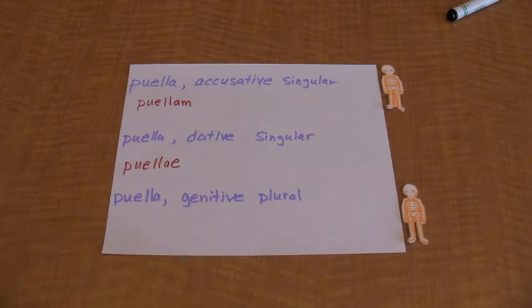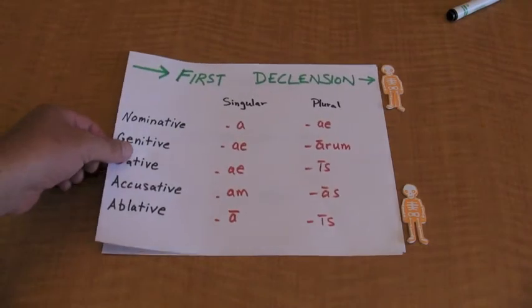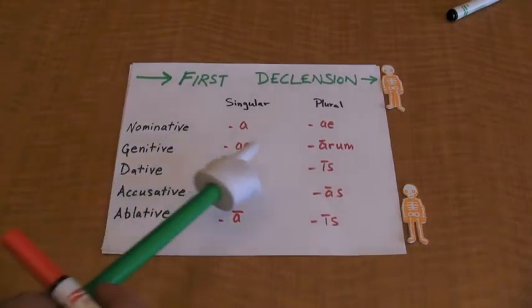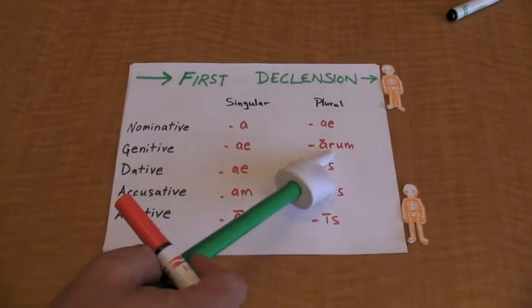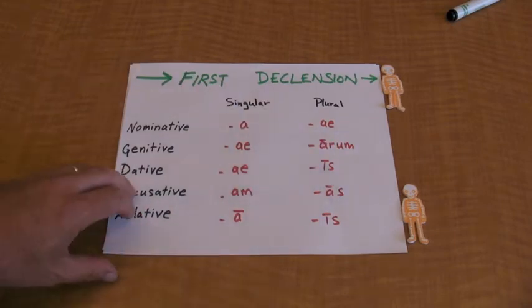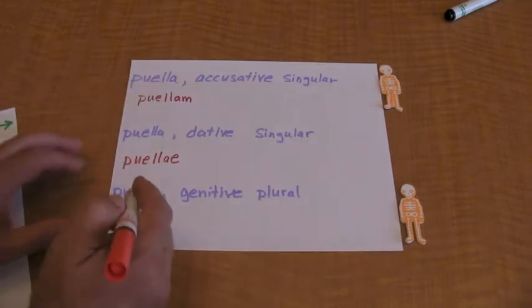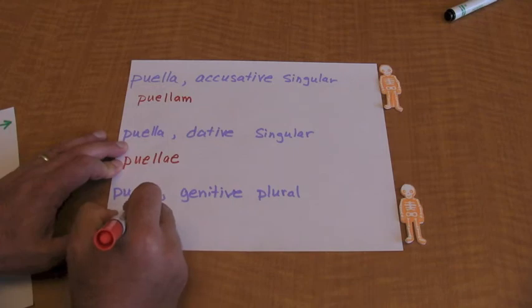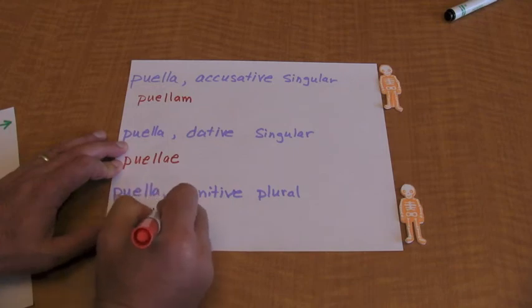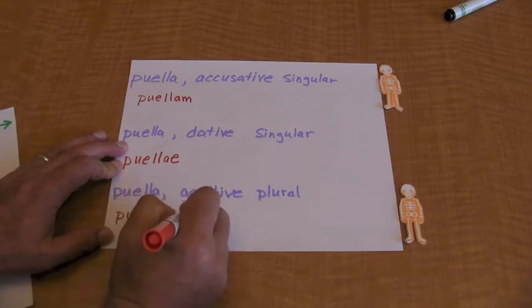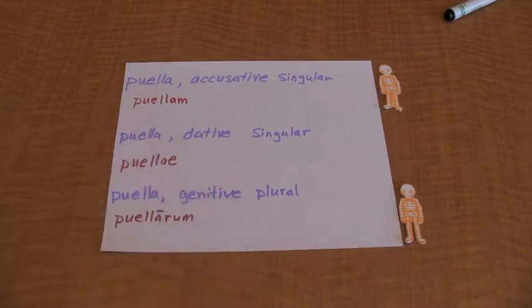And once more, puella in the genitive plural, we'll start with our base P-U-E-L-L, and we'll add the ending that's genitive plural, and that's over here on the chart, A-R-U-M. And so the genitive plural of puella is puellarum.